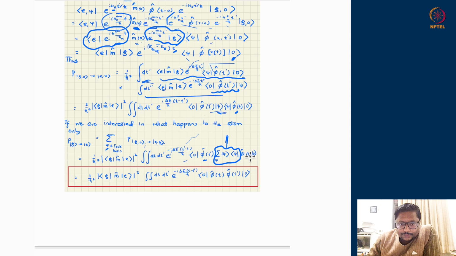That means whatever is the argument of the second field is the later argument of the exponential, and whatever appears in the argument of the first field is the first argument of the exponential, which means I can just call it x and y again. T prime and t can be flipped, in the sense that whatever was t prime I can call t, and whatever was t, I can call t prime. This is just an integration variable change.